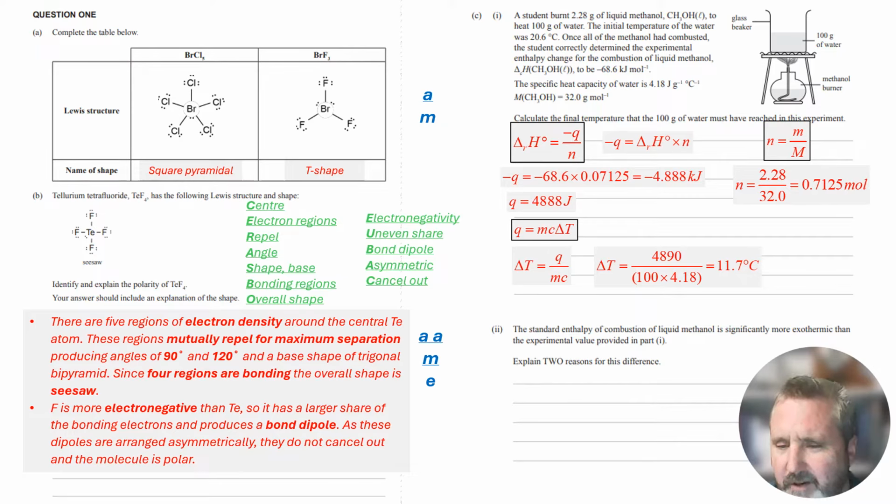Remember, if you are putting this straight in your calculator, put brackets around this so it doesn't divide by 100 and then multiply by 4.18. The answer I get is 11.7. That's not my final answer, that's how much it changed. I then add 11.7 to my initial temperature, which was 20.6, and my answer is 32.3.